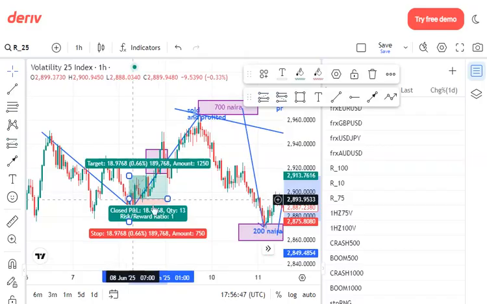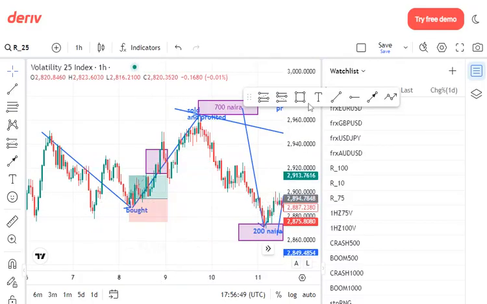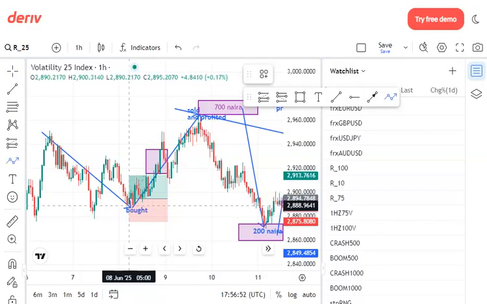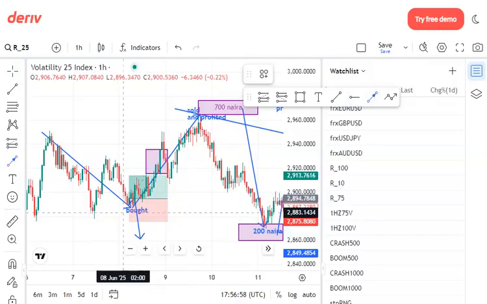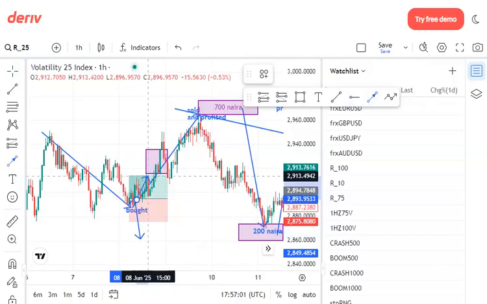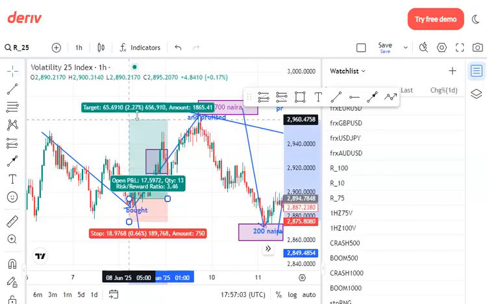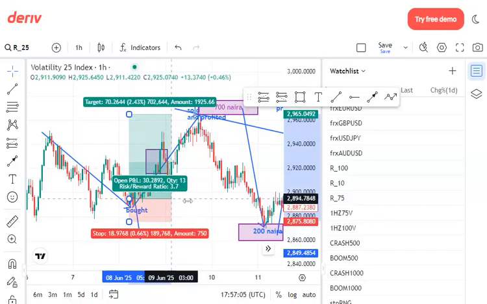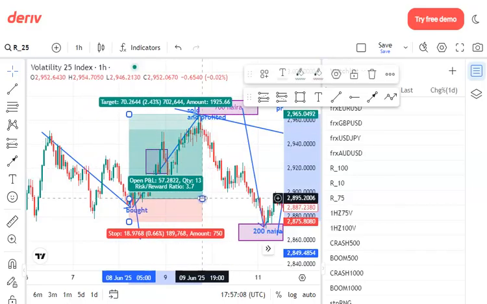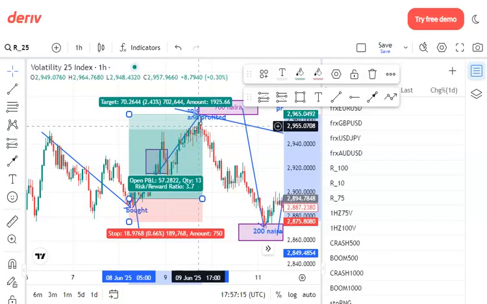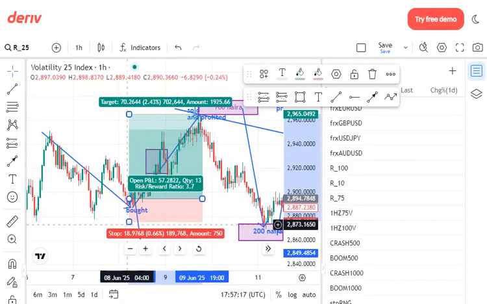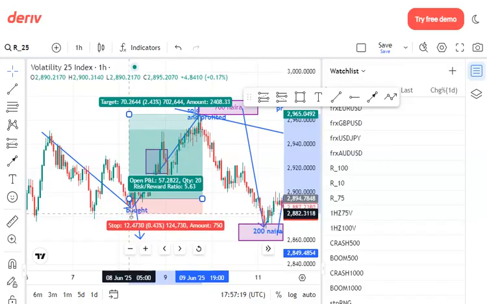If we bought here, chances are the market could lose. If it goes down like this, it is a loss, right? So if it goes up, profit. And this tool is what we use in knowing exactly what the market is planning to do, or how much you're willing to risk.